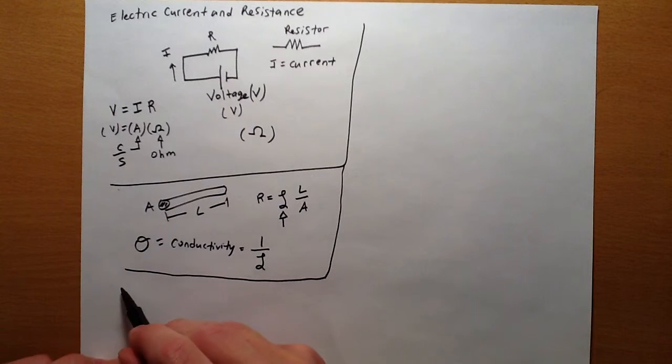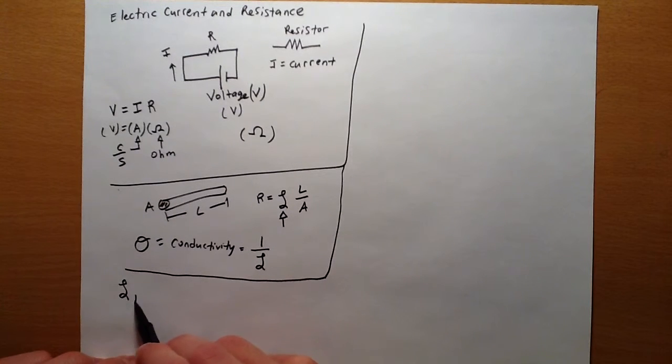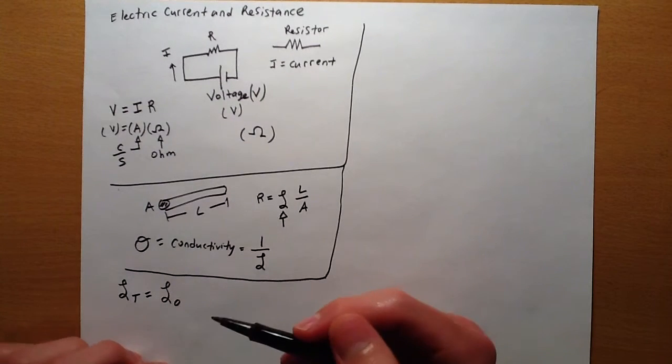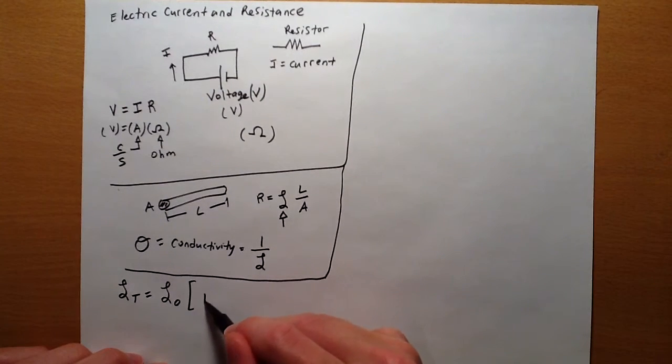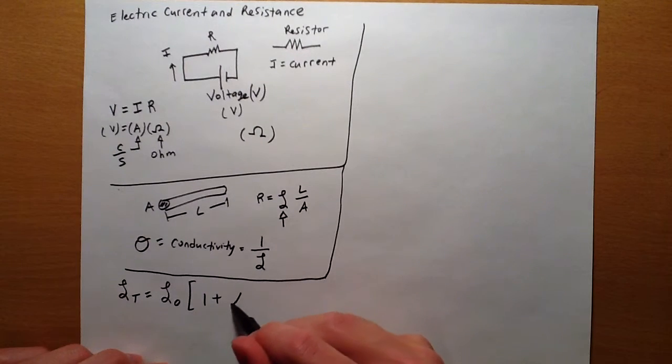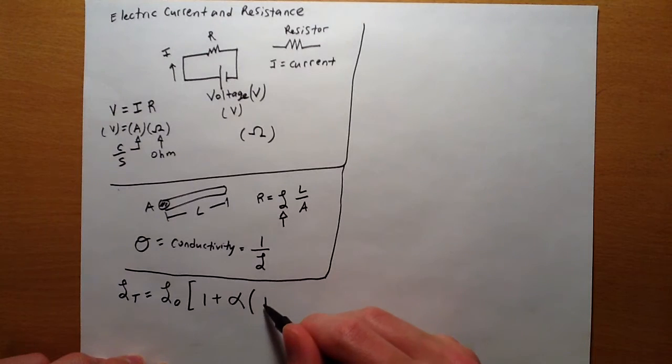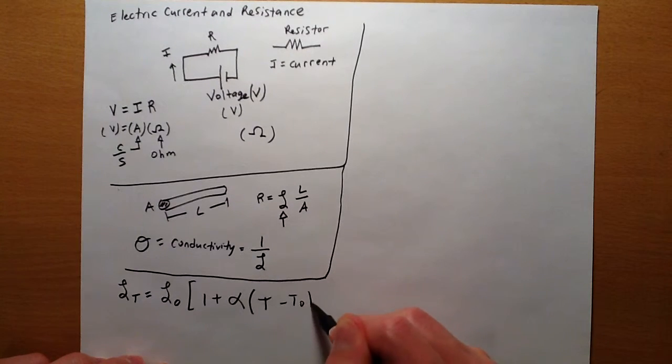And that leads us to this equation. Resistivity due to temperature is equal to resistivity initially at a certain temperature, times 1 plus alpha, where alpha is a constant, times T minus T naught.